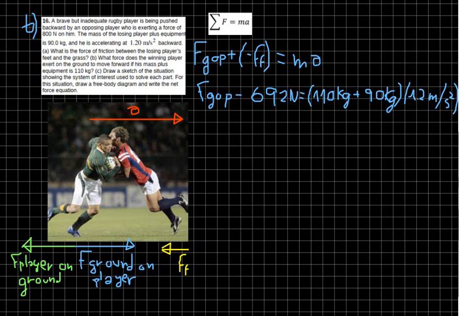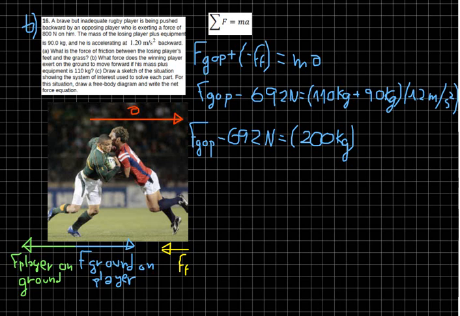Okay, so let's try to solve all of that. FGOP is equal to... I'm going to leave the 692 here just for now. FGOP minus 692 newtons equals 110 plus 90, which is 200 kilograms, times 1.2 meters per square second.